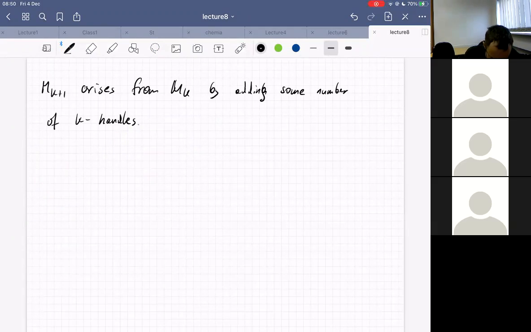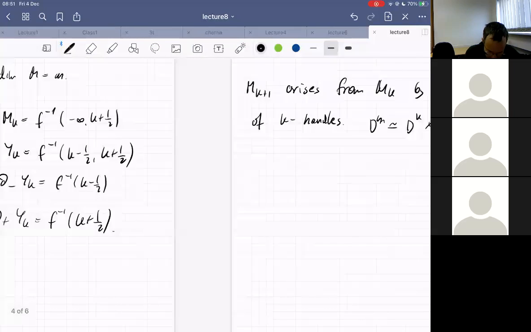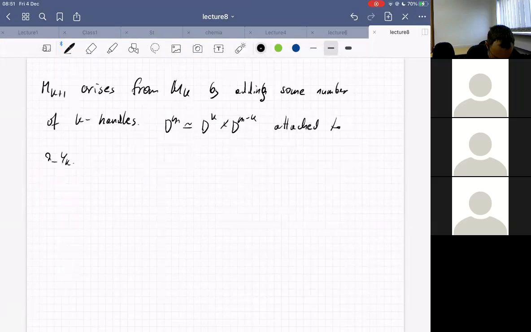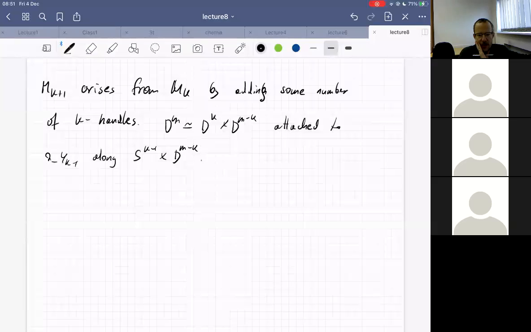What is a k handle? A k handle is dk cross dm minus k attached to d minus of mk along s k minus 1 cross d m minus k. Okay, that was the statement from the rearrangement theorem.